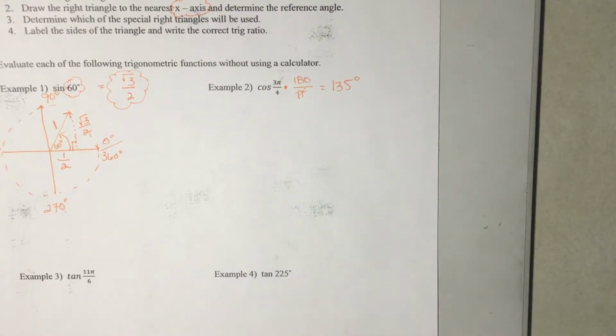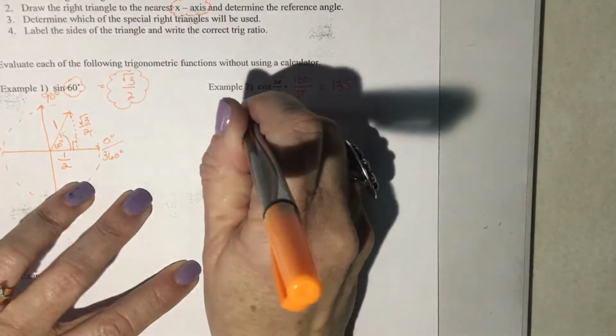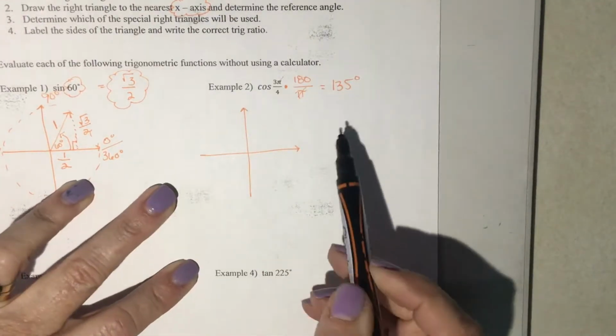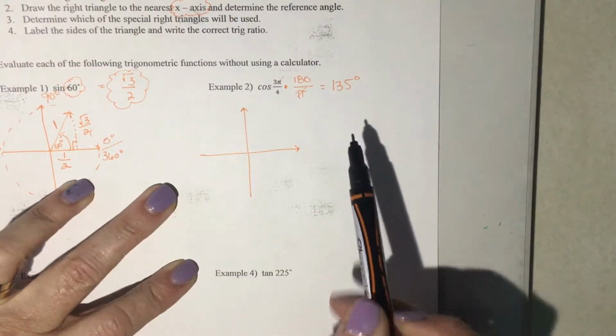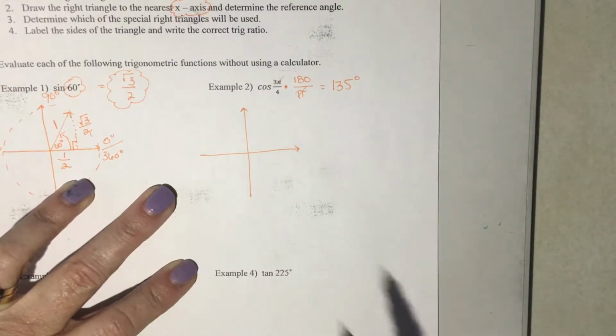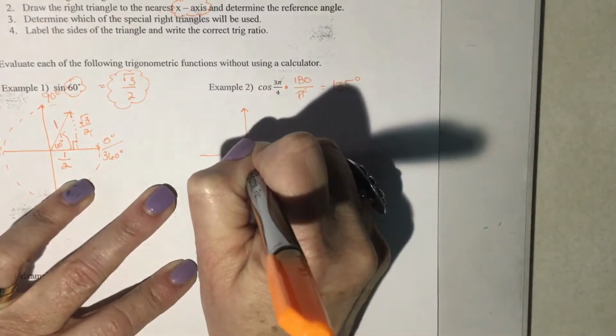All right, so now that I have my angle measurement in degrees, I'm going to go ahead and draw my x and y axis. And 135 lies in which quadrant? First, second, third, or fourth? In my second quadrant.